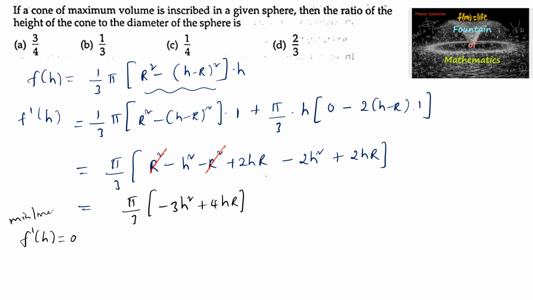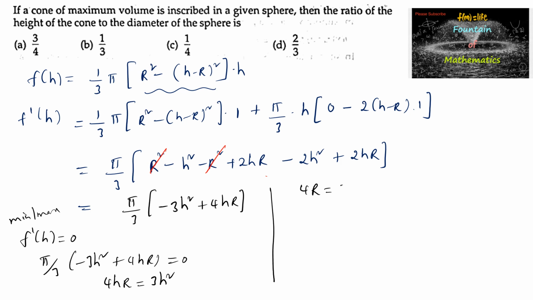So let us consider pi by 3 times (minus 3H square plus 4HR) equal to 0, or we can write 4HR is equal to 3H square, or 4R is equal to 3H, or 2R is equal to 3H by 2, or H upon 2R is equal to 2 by 3.